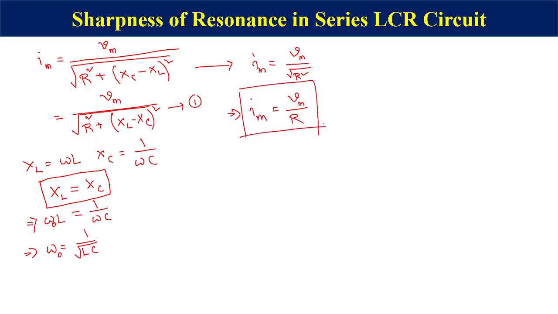The meaning is our circuit behaves as a pure resistive circuit at resonance. It doesn't take into consideration the inductor and the capacitor. That means the capacitive and inductive reactances are simply nullified.